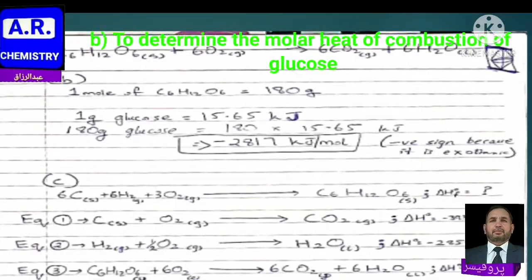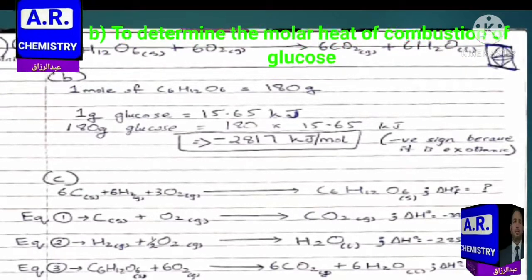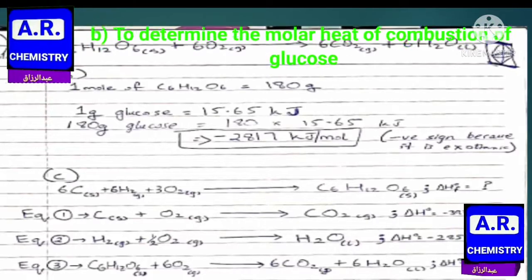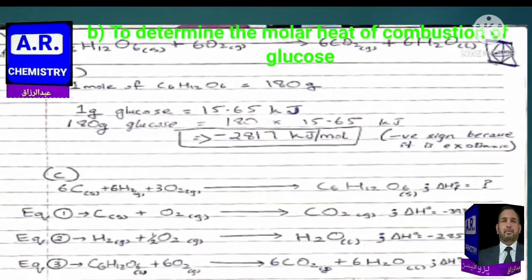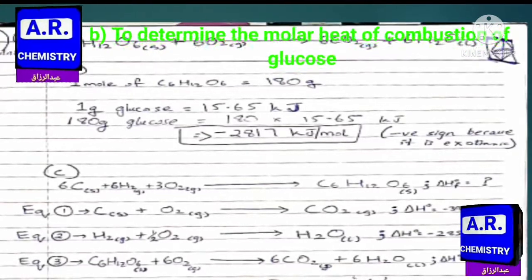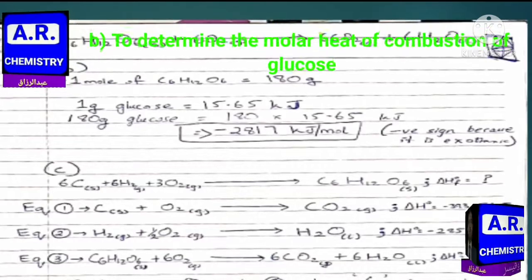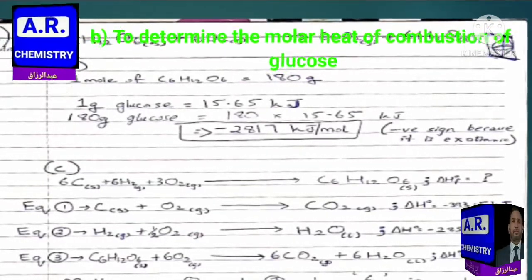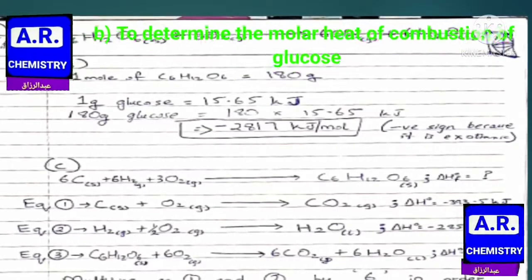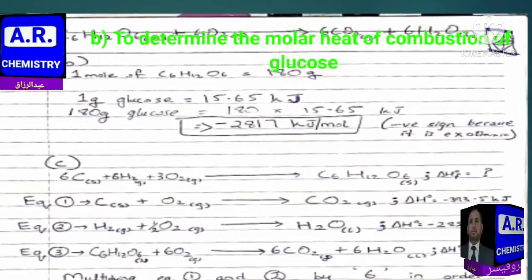You multiply the heat produced by 1 gram, which is 15.65 kilojoules, by the molar mass of glucose. That yields how much heat, and the result would be 2817 kilojoules per mole.